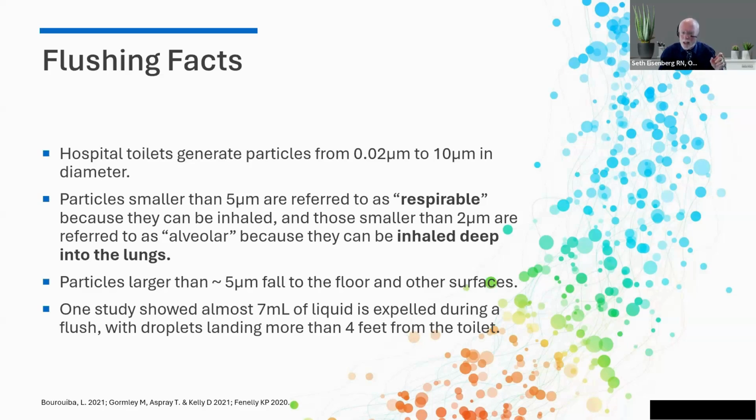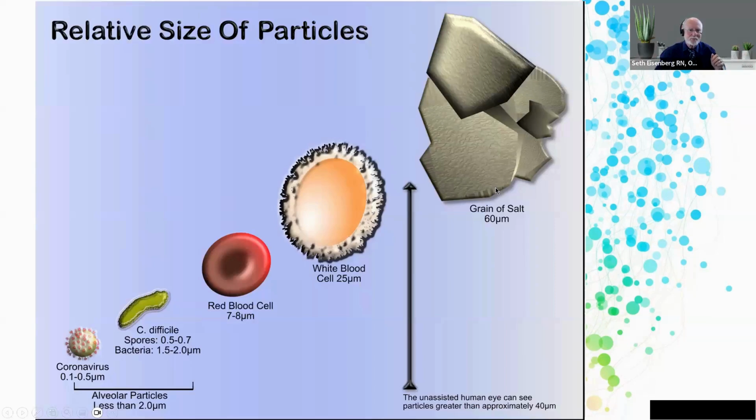Particles larger than approximately 5 will fall to the floor and other surfaces, and that's how we get contamination in the bathroom, or one of the mechanisms of contamination. And then one study showed that almost 7 mils of liquid is launched out of a toilet in the hospital after each flush, with droplets landing more than 4 feet away from the toilet, which is pretty staggering.